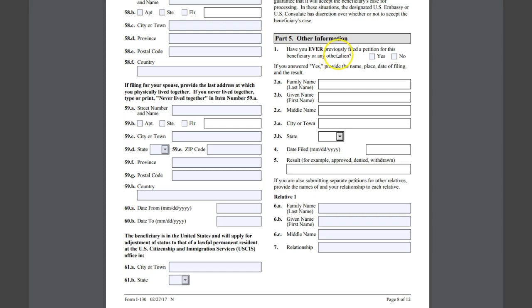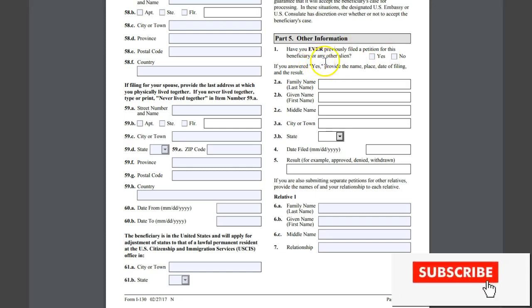So, have you ever previously filed a petition for this beneficiary, or any other alien? So it's two parts. If you've previously filed for a relative, whoever it is, in the past, they need to know.